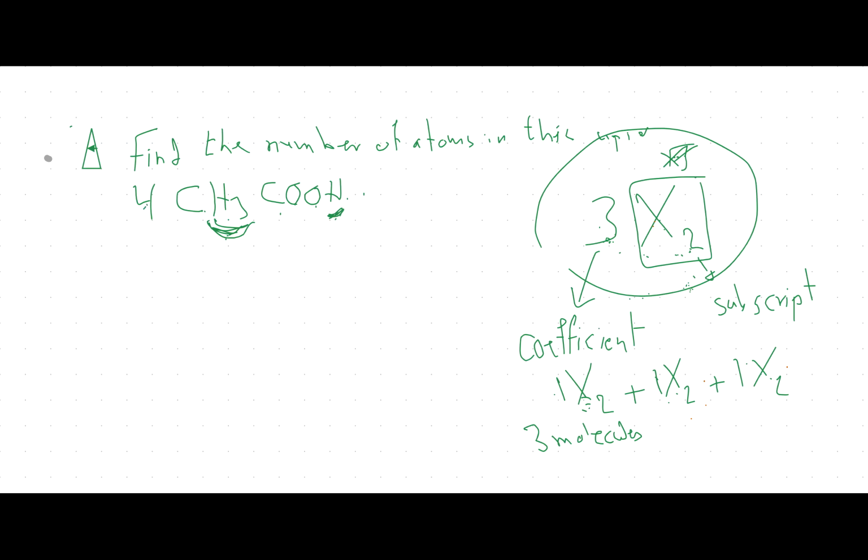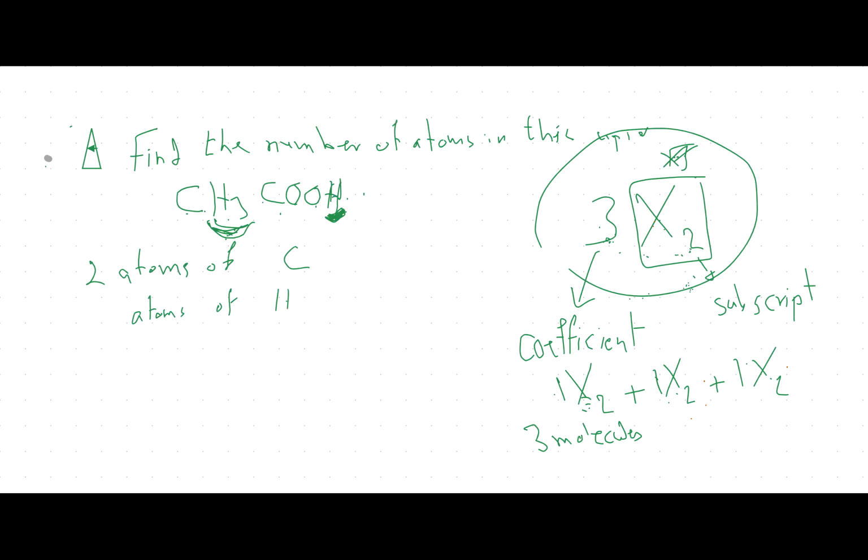So let's see here. I have 2 atoms of carbon. Okay, Safa, how many atoms of hydrogen? There's 3, and here 3. What about this one? This is hydrogen, the last one, that has 1.